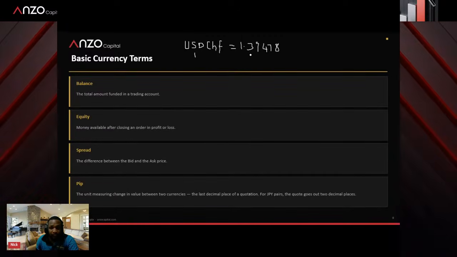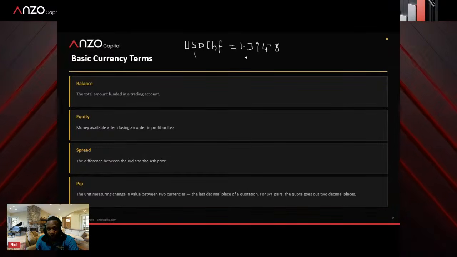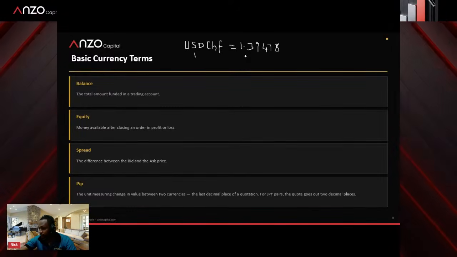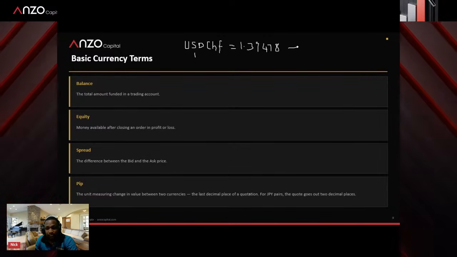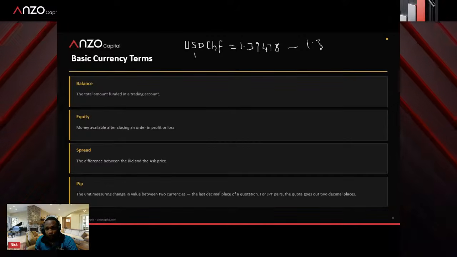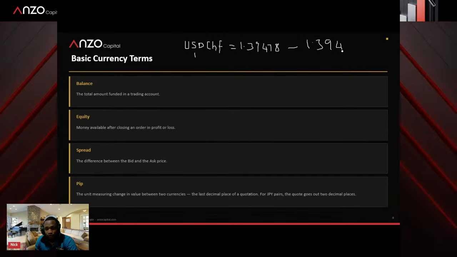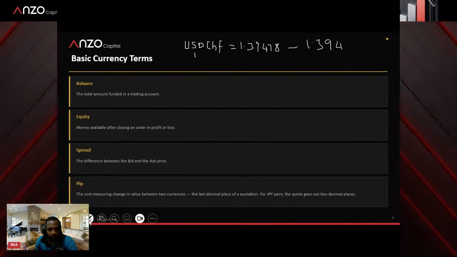What we're going to be doing over here is, if this market moves up, let's say, for example, we move from 1.39478 to a number like 1.3950. Let's just go for a flat number like that.